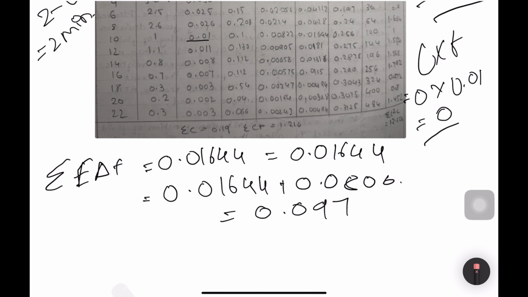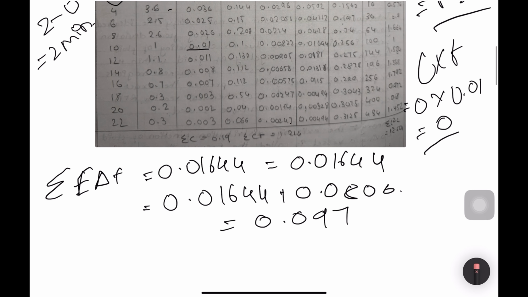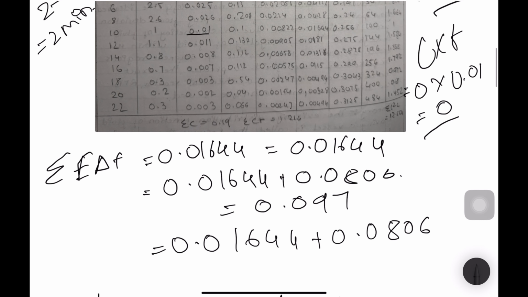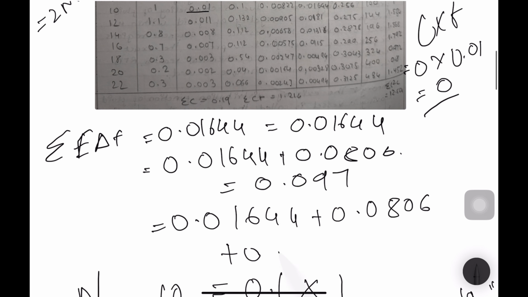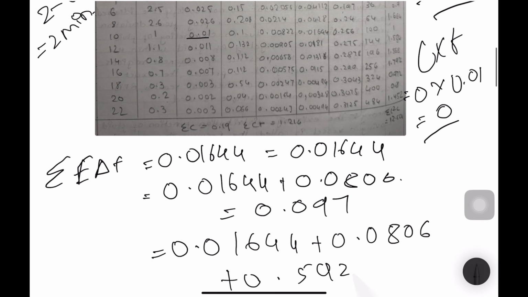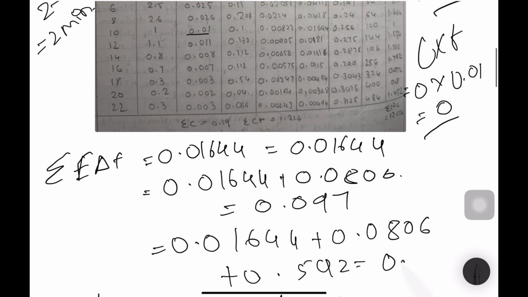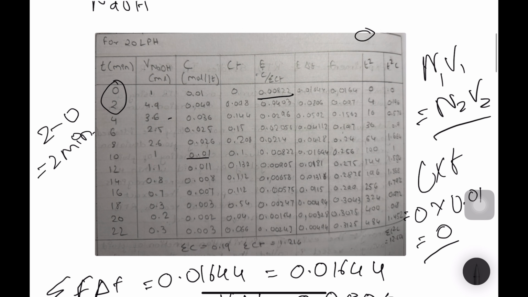Similarly, for the third observation, our F value would be 0.01644 plus 0.0806 plus 0.592, which is equal to 0.1562, and so on.